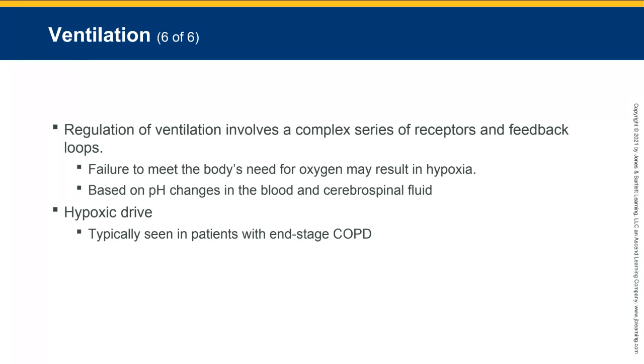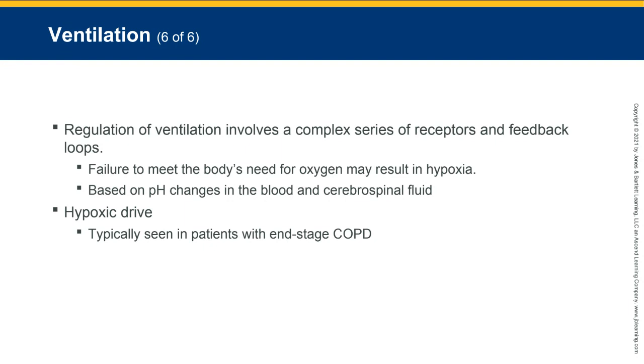When the pH drops, that's what the chemoreceptors are directly picking up. So it's not directly picking up the elevated levels of carbon dioxide. It's picking up the drop in the pH as a result of the elevated CO2 levels, and then the body will regulate based on that change.